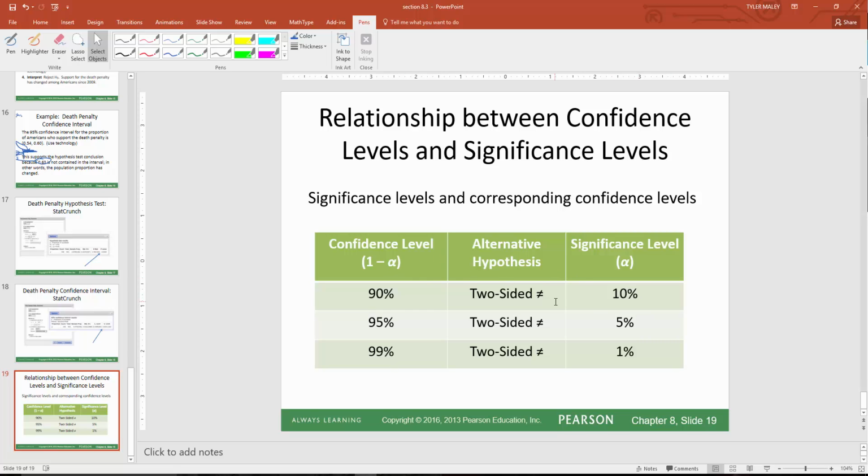So if we're using alpha of 0.1, that's similar to a 90% confidence interval. If alpha is 0.05, that's similar to a 95% confidence interval. If alpha equals 0.01, that's similar to a 99% confidence interval. Those two things are very related.